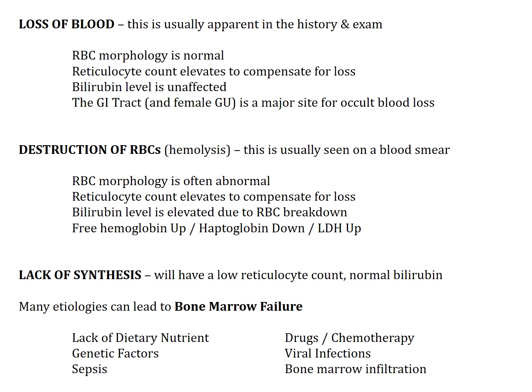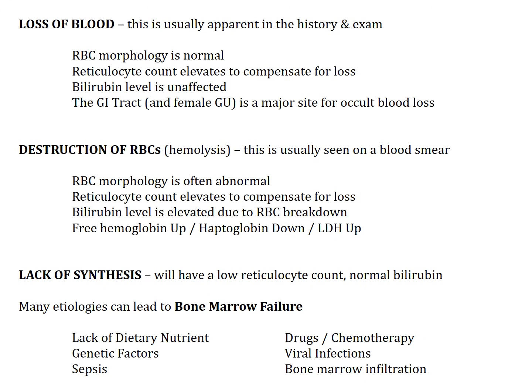Your bone marrow is going to try to be pumping out cells, so it's going to be releasing some of those immature nucleated reticulocytes. If you're breaking down a lot of red blood cells, you may overwhelm your ability to metabolize the bilirubin, so bilirubin levels may go up. Individual will get a jaundiced appearance.